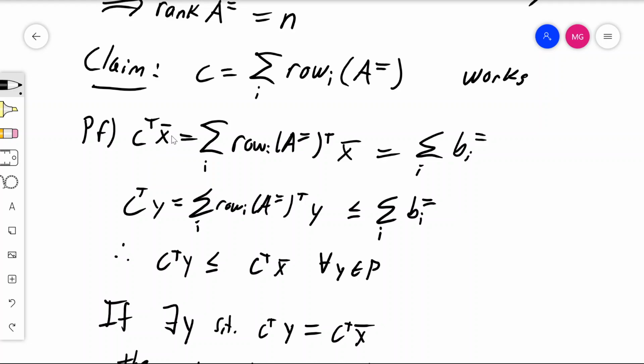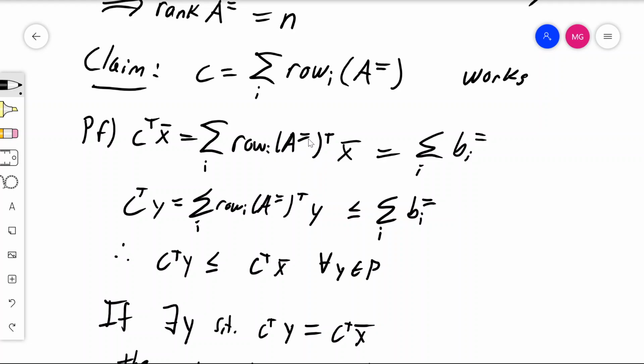c transpose x bar. First, let's compute that. We're saying c is the sum of the rows of A equality. So c transpose x bar is the sum of these row vectors transpose x bar. Remember, this is the matrix of tight constraints for x bar.